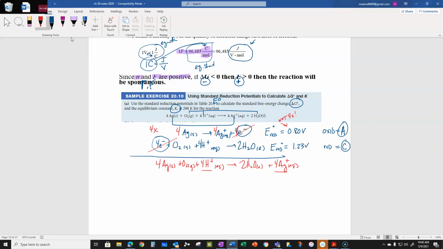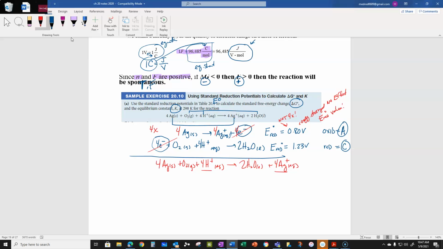If you half those coefficients, if you double them, it doesn't matter. That E cell is going to be whatever it is. So remember in the notes it says the coefficients changing, there is no effect to the E reduction value. No effect on what you do to those coefficients, okay?